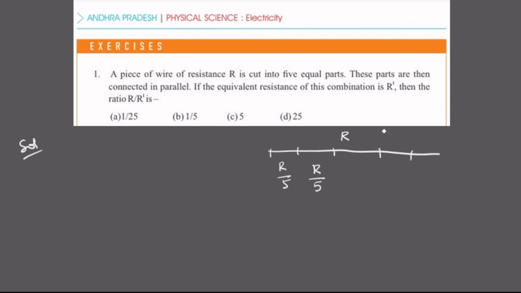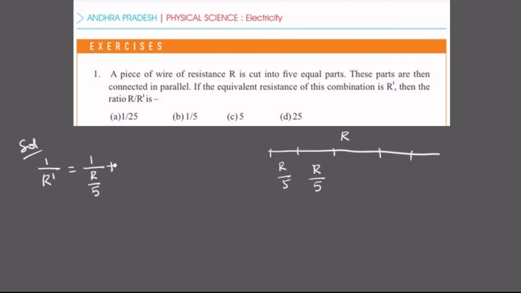Now these parts are connected in parallel. So what is the equivalent resistance here? When connected in parallel, it is called R dash. So when these parts are connected in parallel, 1 by R dash, the equivalent resistance, is equal to 1 by, see, each resistance value is R by 5.